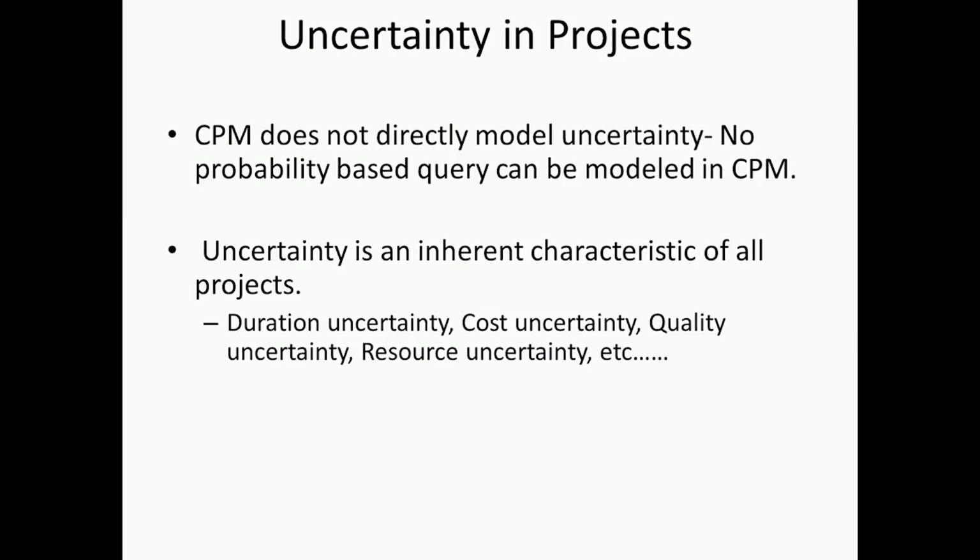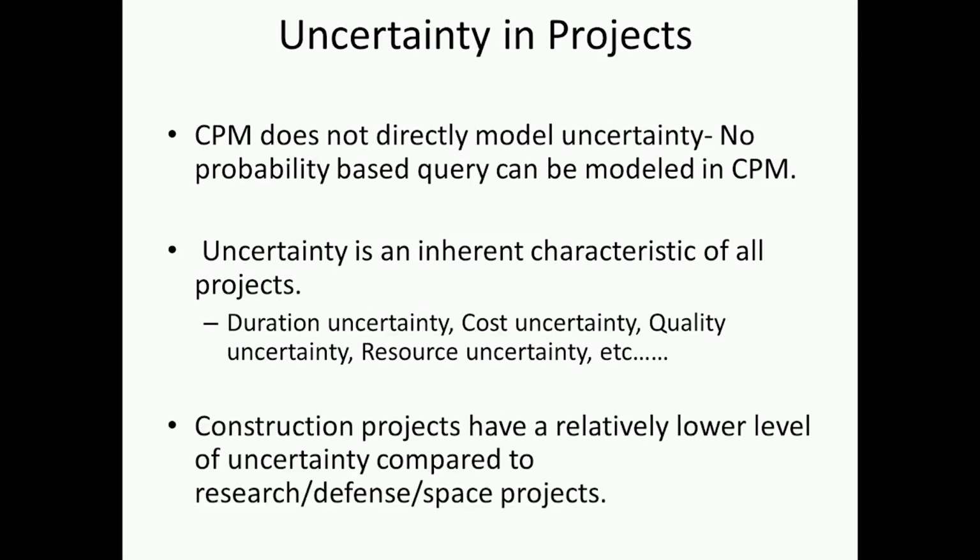But we know that uncertainty is an inherent characteristic of all projects. Not only do we have duration uncertainty, but there's cost, quality, everything. So a challenge of project management is that we have to face uncertainty. When we take construction projects, we generally say that they have less uncertainty compared to projects like research, defense, and space, which are novel projects.